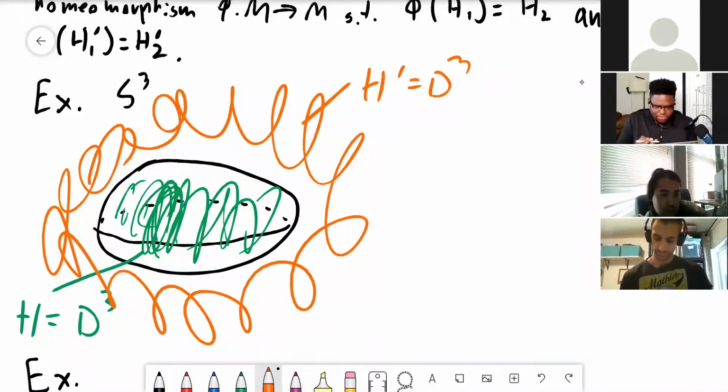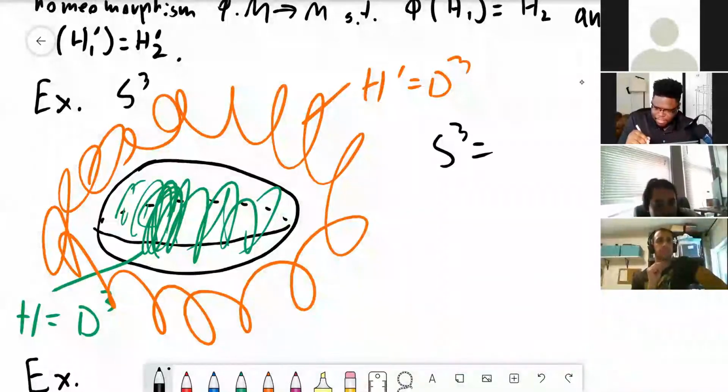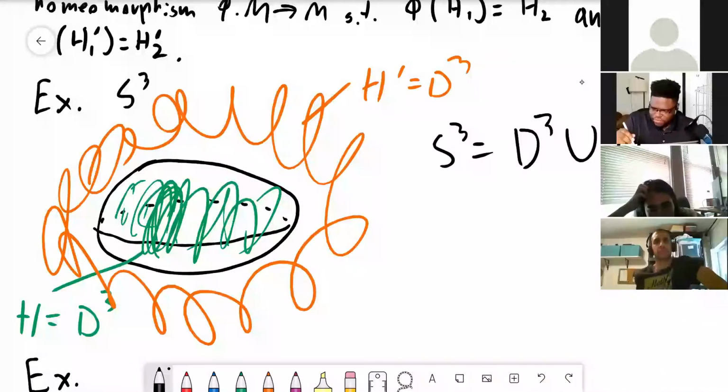And of course, we have an obvious gluing here. We just glue these together through the boundary. And we get S3. S3 is a gluing together of two 3-balls. Here, I guess this map F is technically this gluing that's sort of here in the picture.